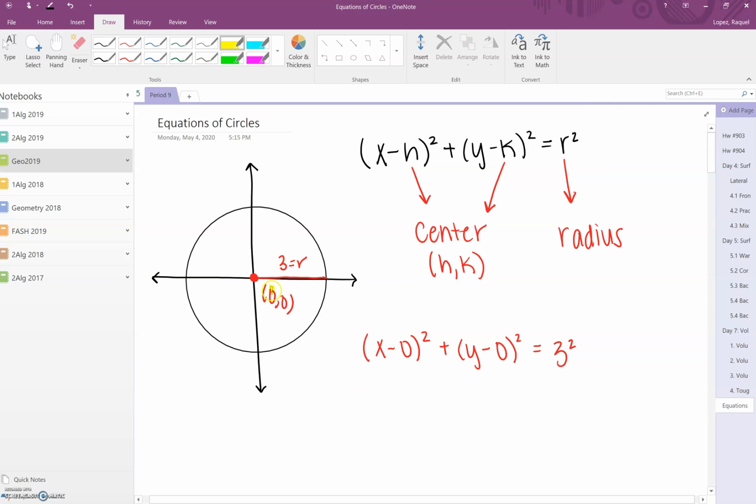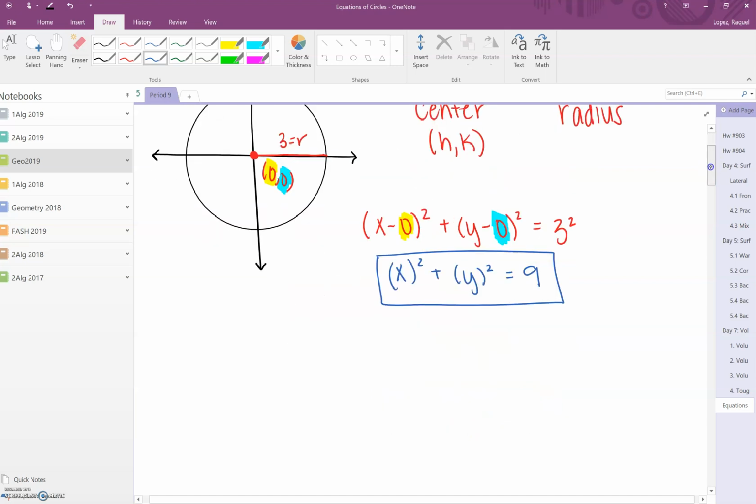Now the x coordinate of your center goes with the x in the equation, and the y coordinate of the center goes with the y in the equation. Then we can simplify. x minus 0 is just x, so I really just have x squared plus y squared, and 3 squared is 9. So this is the equation of that circle pictured.